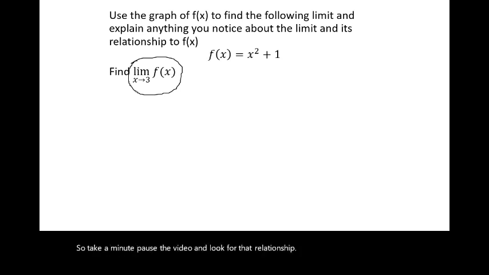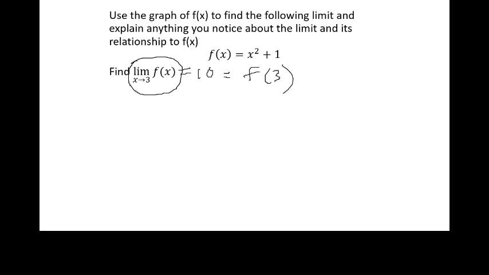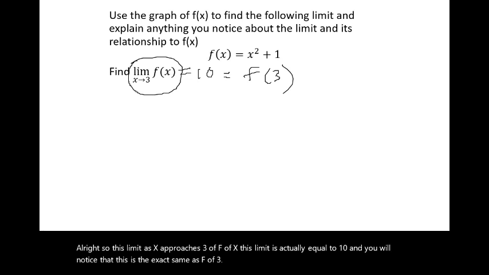All right, so this limit, as x approaches 3 of f of x, is actually equal to 10. And you will notice that this is the exact same as f of 3. So this was one of those instances where the limit actually did equal the function's value. And the reason is, if you look at the graph of x squared plus 1, there's nothing weird going on here at 3.